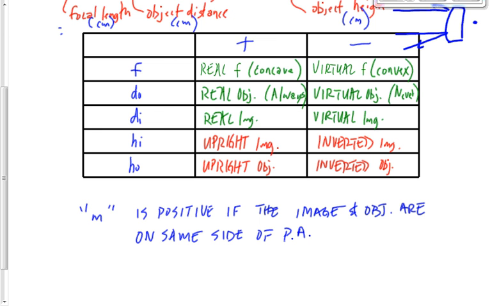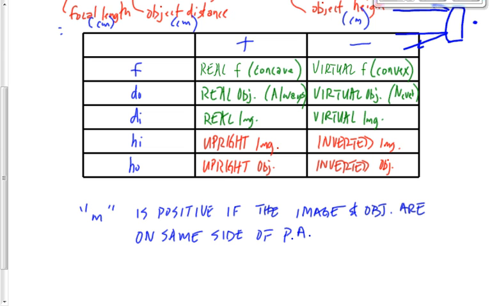So in other words, it's not based on whether the image is right side up or upside down. It's based on the orientation of the image relative to the object. In other words, if they're both upright, then M is positive. If they're both inverted, then M is positive. If one is upright and one is inverted, then it's going to be a negative magnification.